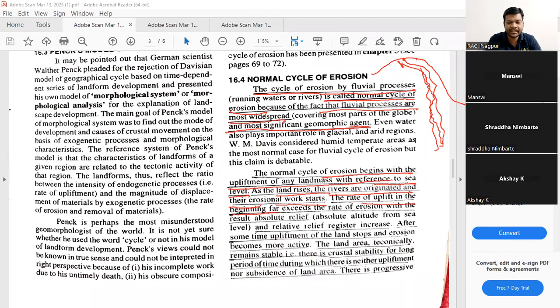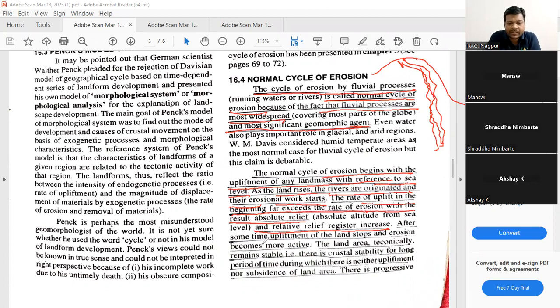The rate of uplift in the beginning far exceeds the rate of erosion, with the result that absolute relief and relative relief increase. As the upliftment goes on, if the rate of upliftment is larger than the rate of erosion, the uplift will go on and the river will move along with the height.